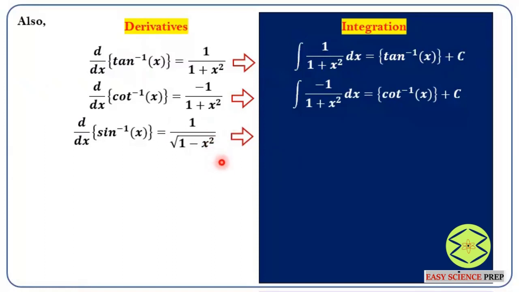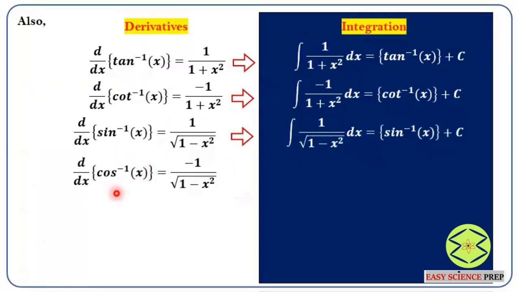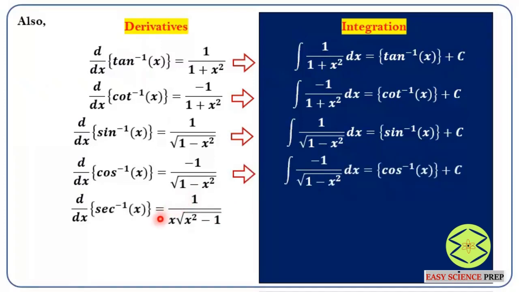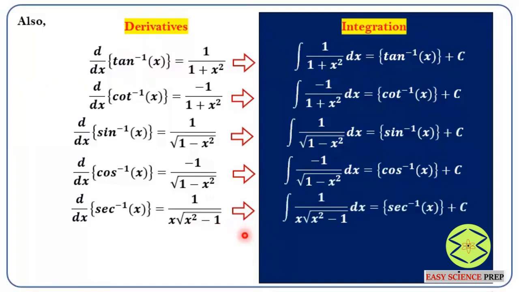So the integration of 1 upon square root of 1 minus x square is sin inverse of x. Similarly for cos inverse x. The derivative of secant inverse x is 1 over x under root x square minus 1. So the integration of 1 over x under root x square minus 1 is secant inverse of x. Similarly we can write for cosecant inverse x.